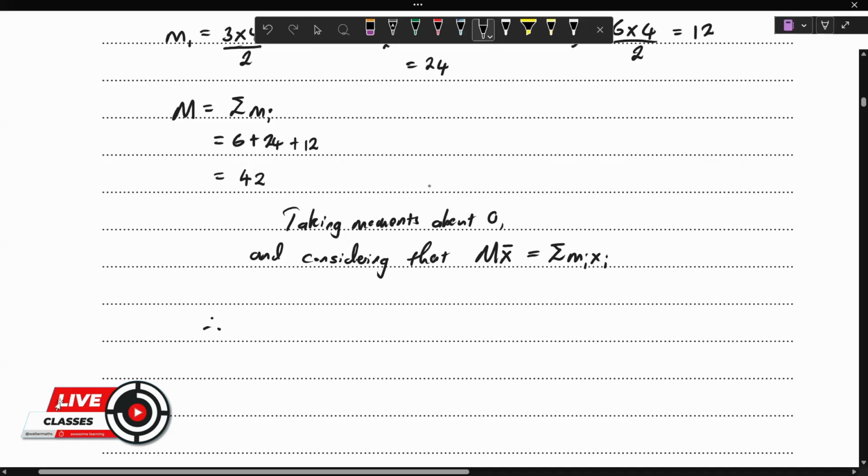Therefore, M, that's 42, times x bar, which is the x coordinate of the center of mass, should be equal to the sum of mi xi.